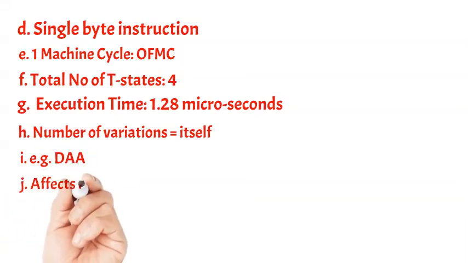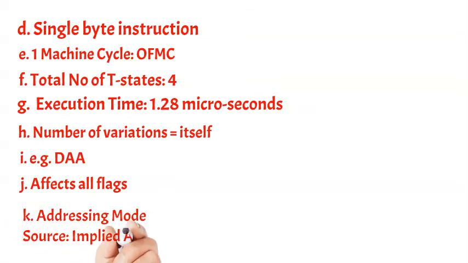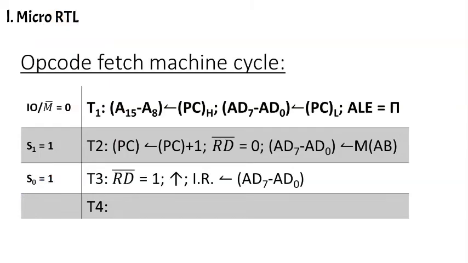It affects all the flags because the accumulator is involved here. The addressing mode, for the source it is implied. There is no destination exactly in this, and we do not mention the destination for this case. You have the normal opcode fetch machine cycle for this instruction, no difference here.